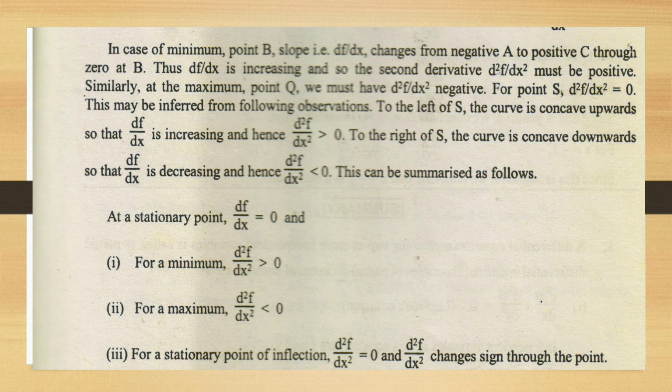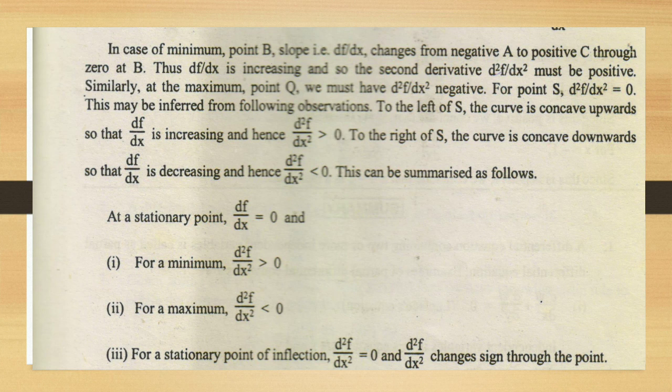In case of a minimum, point B, the slope, that is df/dx, changes from negative to positive through 0 at B. Thus, df/dx is increasing, and so the second derivative d²f/dx² must be positive. Similarly, at the maximum point Q, we must have d²f/dx² negative.